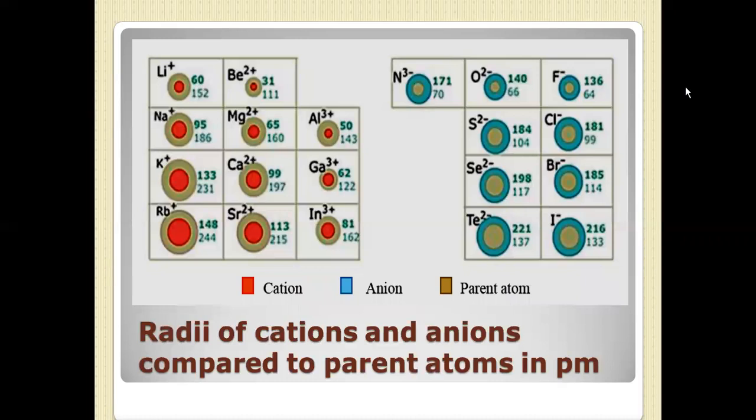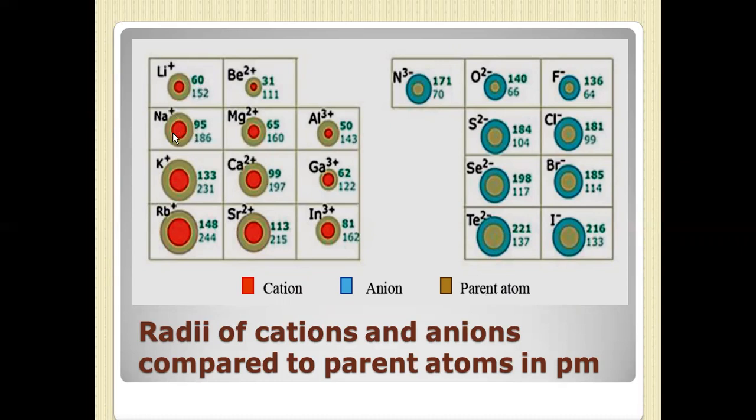And along the period, the ionic radius is decreasing, like your atomic radius. So when you take lithium plus, that cation is red in color, but the parental atom is bigger in size. Can you see the difference?